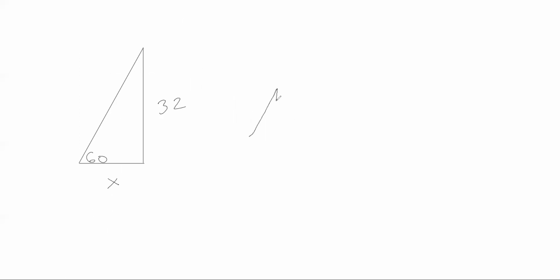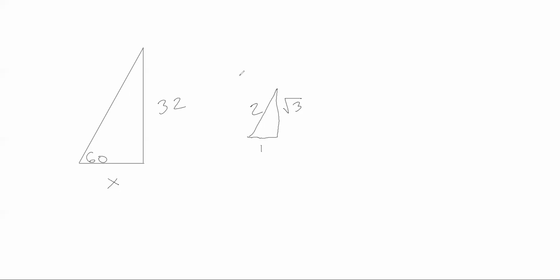So an ordinary 30, 60, 90 triangle is 1, 2, square root of 3. So we're trying to figure out what number we have to multiply square root of 3 by to get to 32. So that would be times 32 over square root of 3.